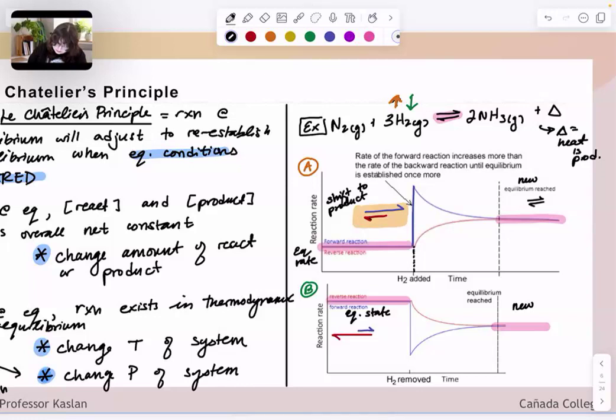New equilibrium reached. Forward and reverse are the same rate. Notice this is a little bit lower because we did see a drop in the rate of one, whereas this one was a higher rate.